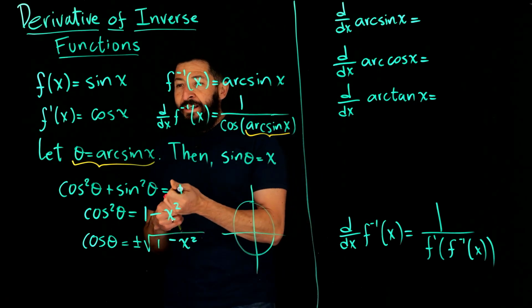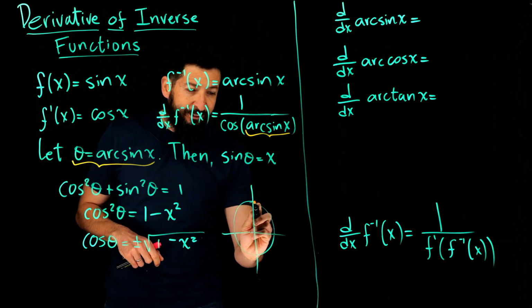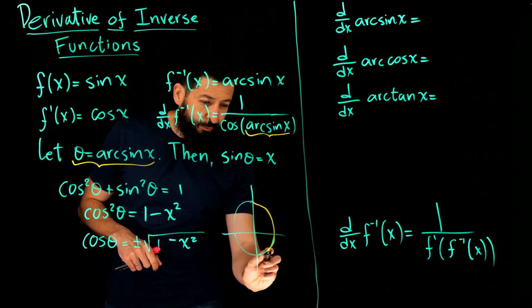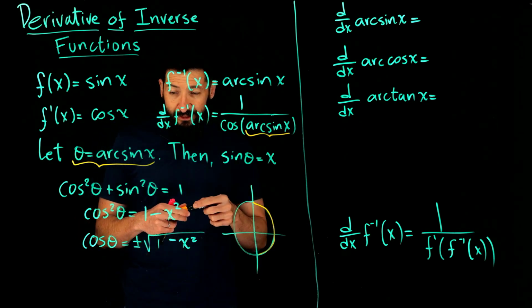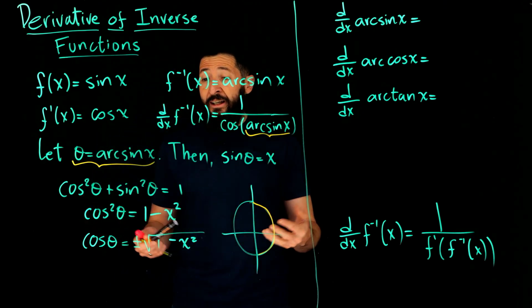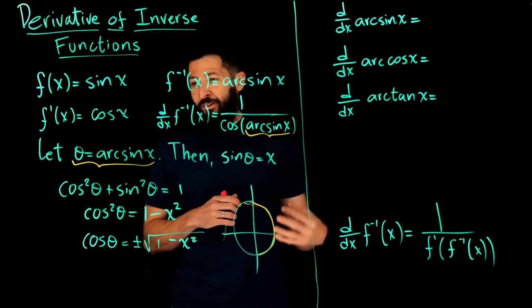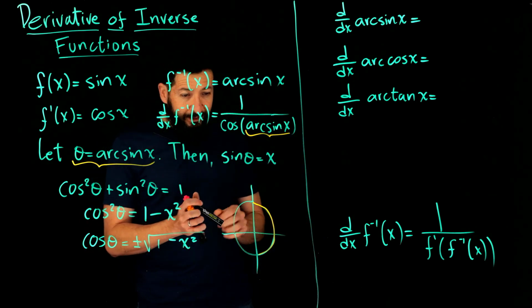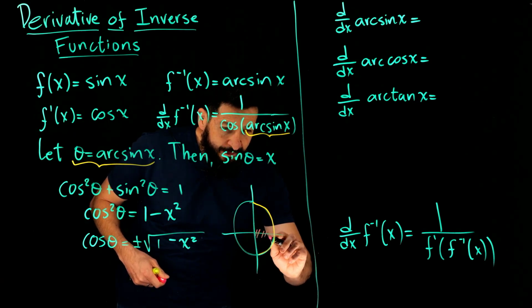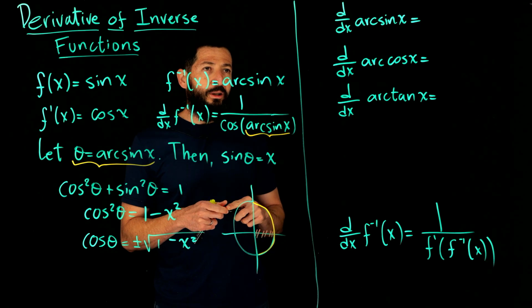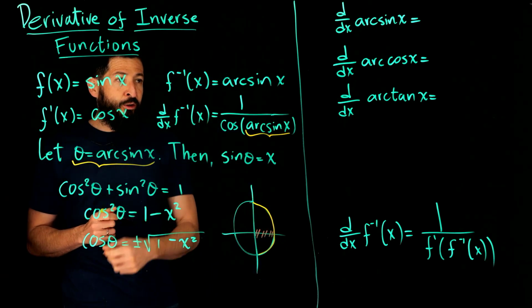Remember that you are defining theta to be the arcsine of x, so that angle theta is going to be located between negative pi over 2 and pi over 2. That's the domain that we're restricting the sine to so that it becomes a one-to-one function just on that restricted domain, and so that it has an inverse. But if you notice what the sign of the cosine is on that region, well, you are right here. The cosine is the x-coordinate, and as such is going to be positive. So this one is not going to be plus or minus, it's just going to be positive.